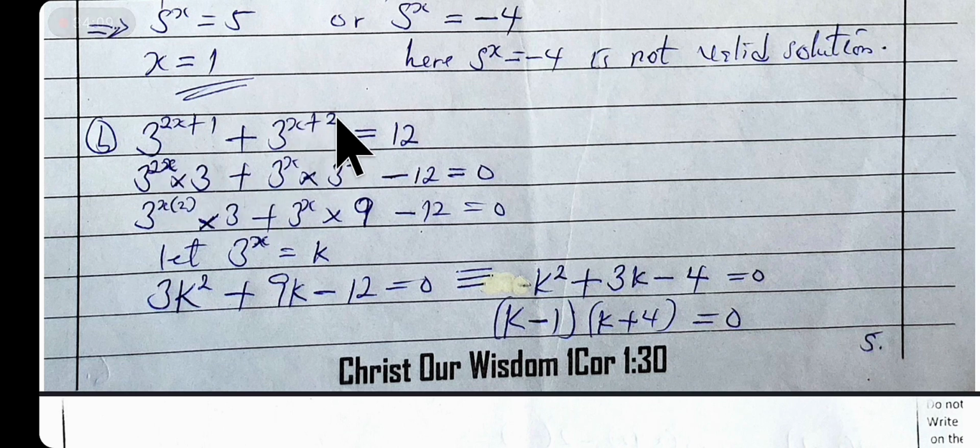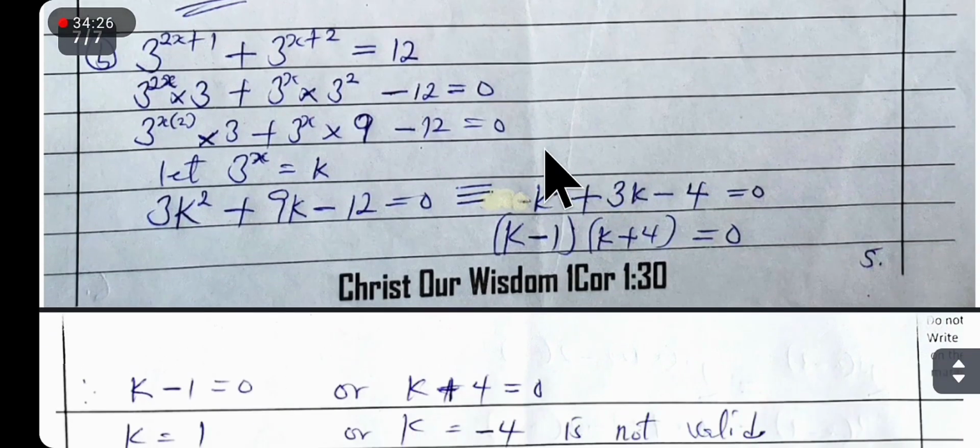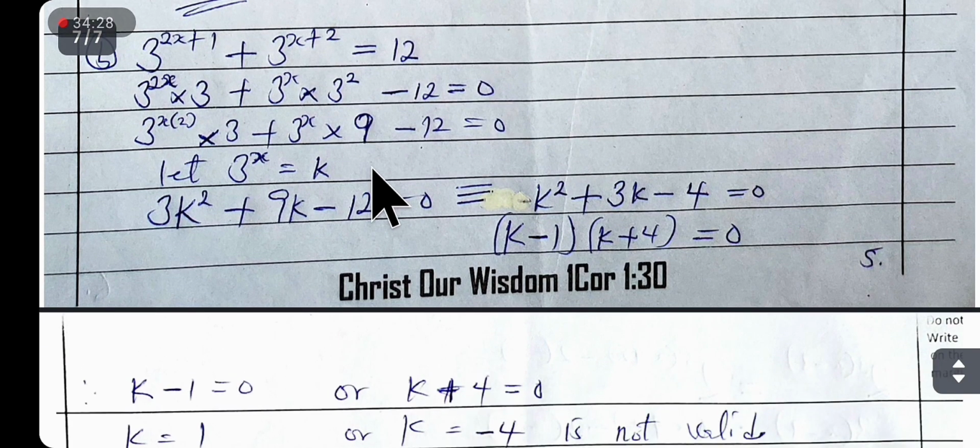Plus here too, we are going to split it: 3 raised to power x times 3 raised to power 2, according to the product law, which is equal to, this is before then, this plus 12, if it's going to the left-hand side, is minus 12 equals to 0. The whole idea is that the whole thing is turning into a quadratic equation.